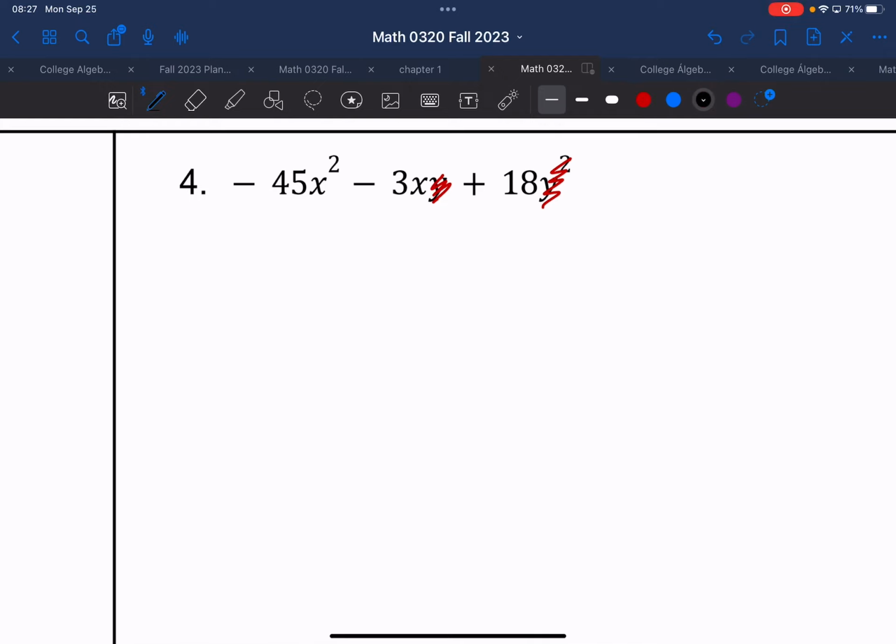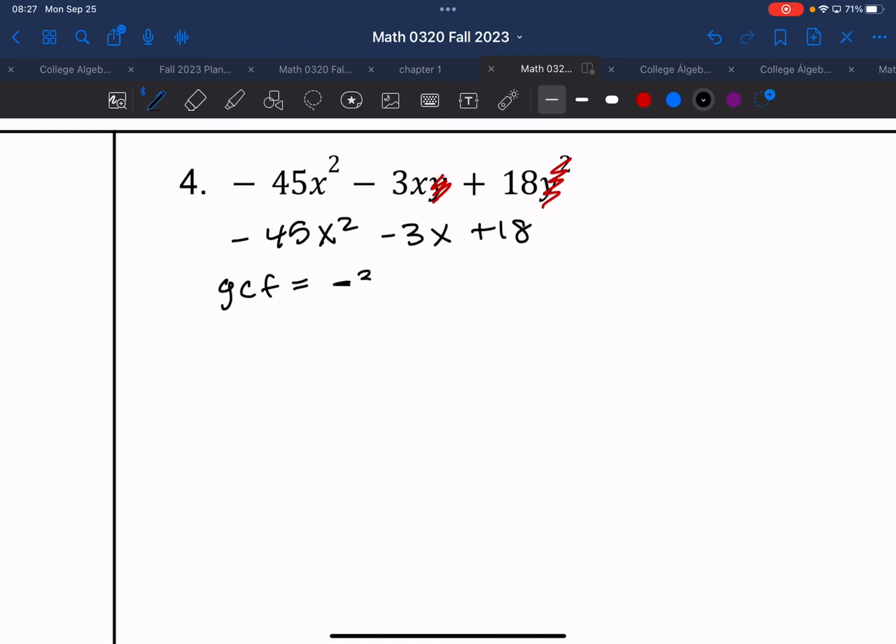So for now, we're just dealing with negative 45x squared minus 3x plus 18. They're going to come back at the end, but for now, we're ignoring them. Okay, now we need to find a GCF. We know we're going to take out a negative, but is there any other numbers that we could take out of 45, 3, and 18? 3.